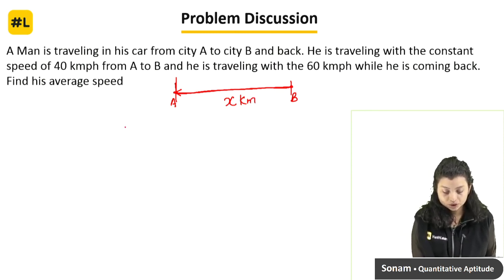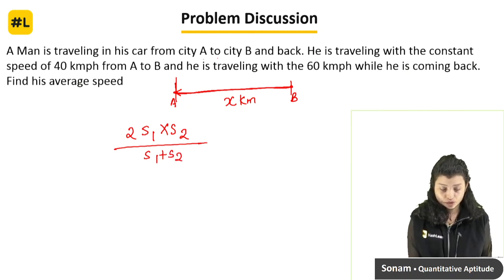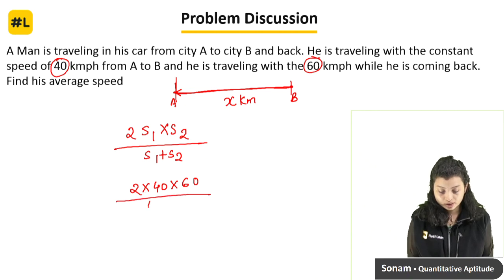So you can directly use the shortcut formula, 2 into S1 into S2 divided by S1 plus S2. What are the values of S1 and S2? 40 and 60. So 2 into 40 into 60 divided by 40 plus 60.